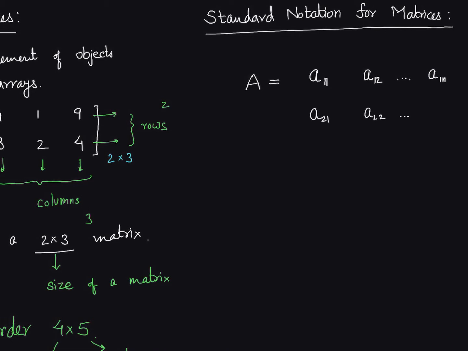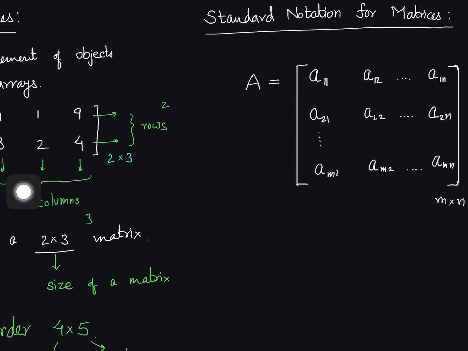Similarly, mth row and nth column entry. So this is the standard notation for a matrix of order m cross n, that means it has m rows and n columns. This is the second row and first column entry, so this is the intersecting element, denoted by A21.